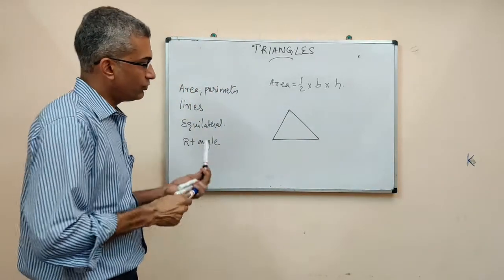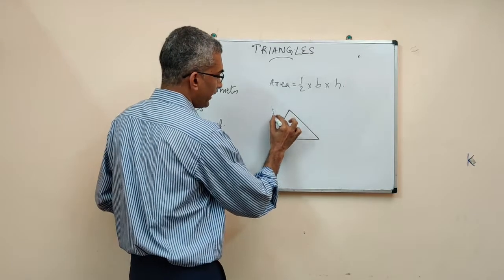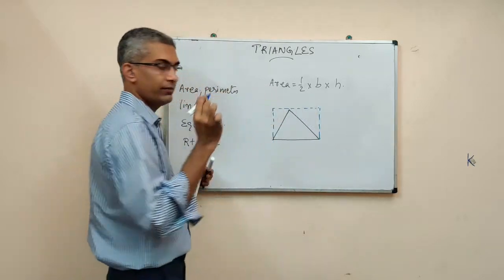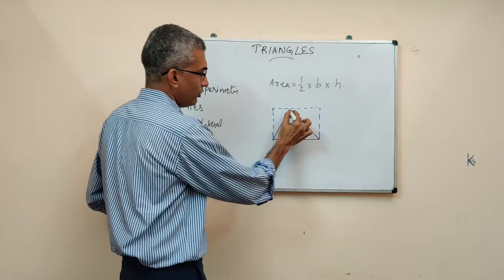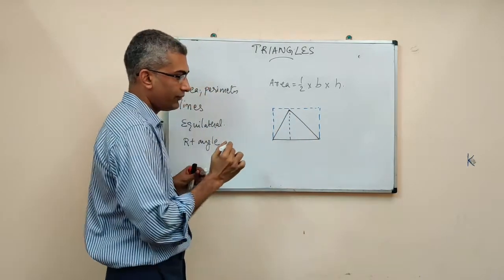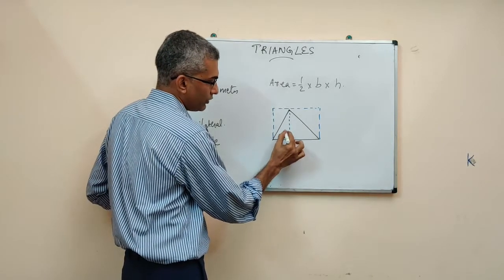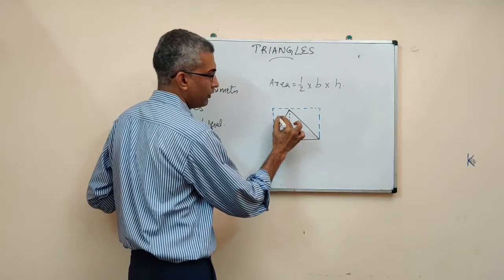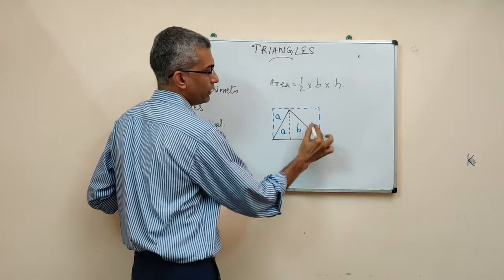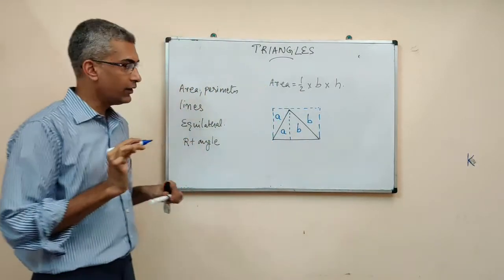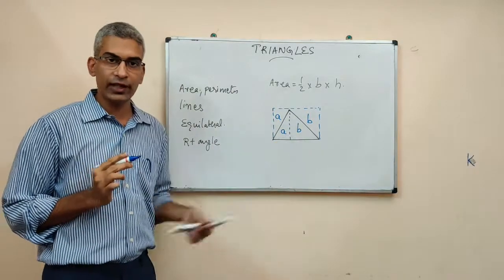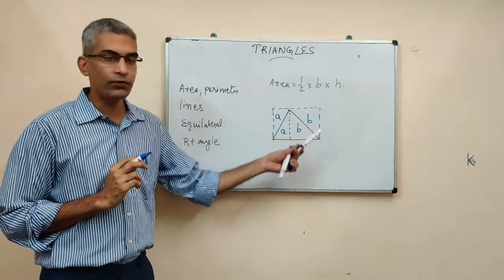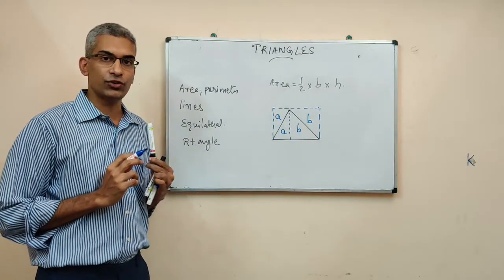So what you can do is, you can draw a rectangle enclosing this triangle inside. If you cut this triangle into half, this small triangle A and this part will be the same. This part and this part will be the same. So effectively, the area of this triangle which we are looking at is basically half of the area of the rectangle which encloses it.